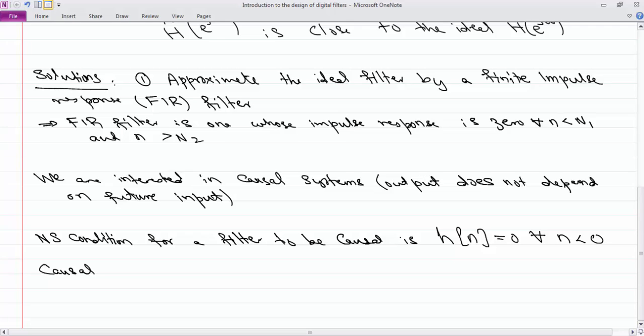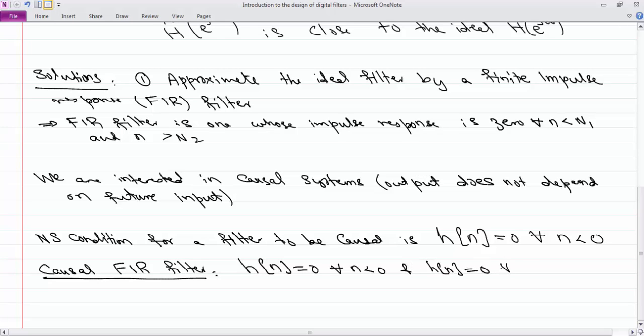So we use a causal FIR filter, the definition of which is that h[n] will be equal to 0 for all n less than 0 and h[n] equal to 0 for all n bigger than some other number, n2. n2 could be 1,000, 10,000, 50,000, but after that the response will stay 0.